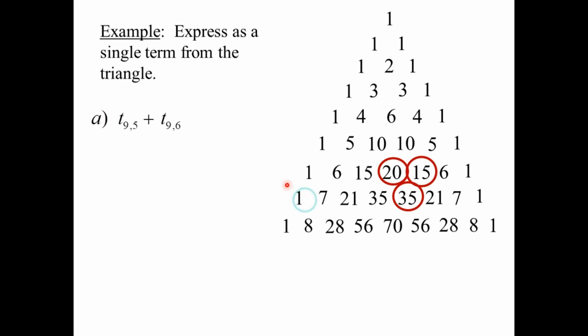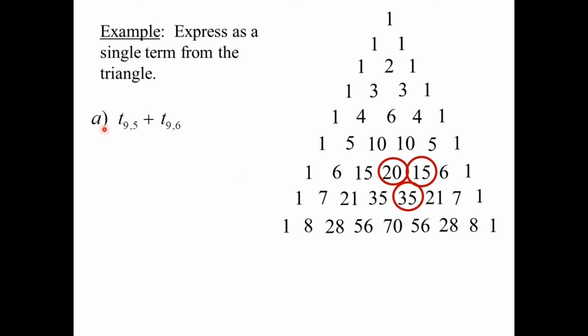Each row is a generation, and the next row is the next generation. And what happens is we get these family relationships where there's two parents and a child in the next generation. Or if you prefer, two terms beside each other, and their sum is in the next row.